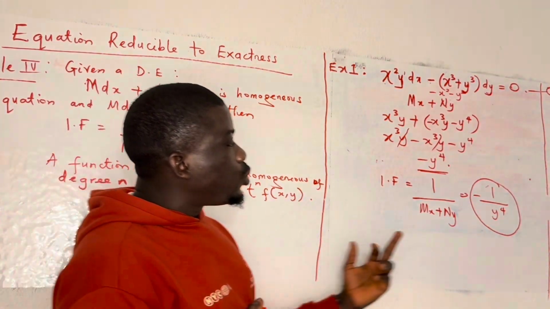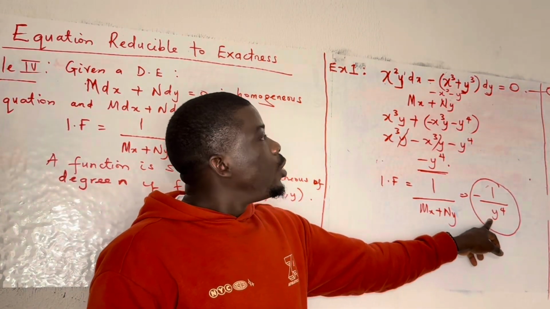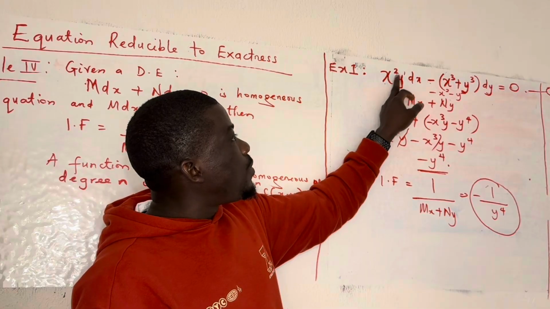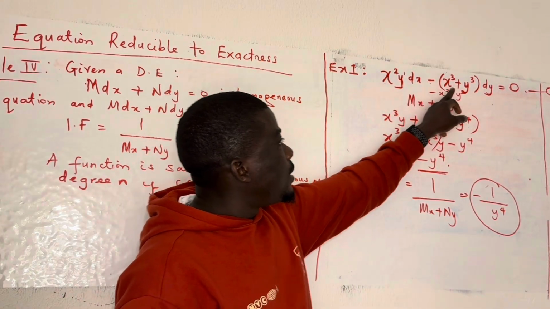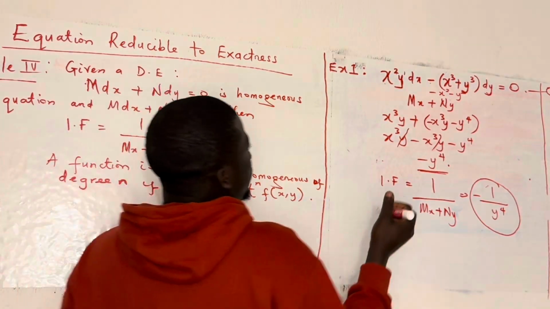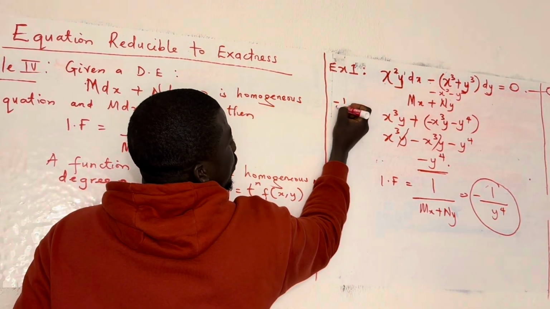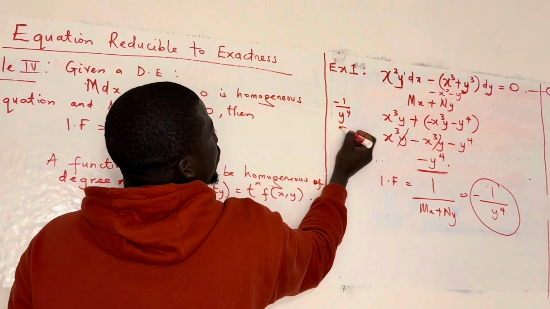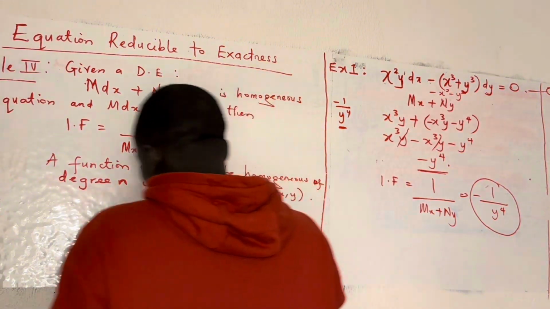Now, we are going to use this integrating factor to multiply each of these terms here and here. Now, let me rub this off. Don't forget our integrating factor is minus 1 over y raised to power 4. So let me use this to multiply each of the values we have there.